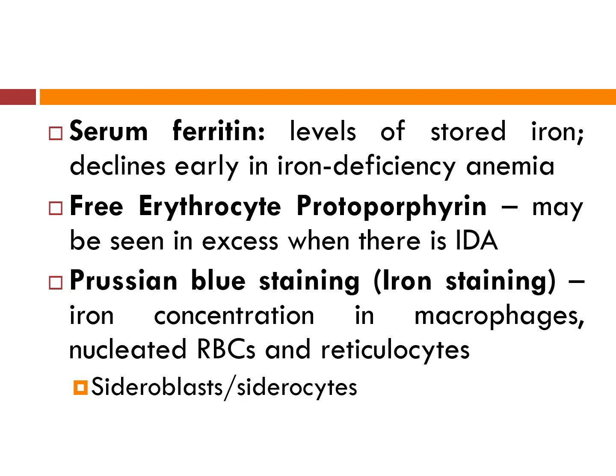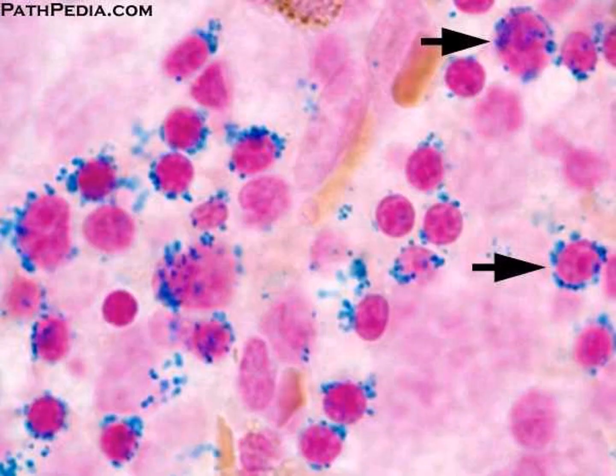But for the mature RBC that has iron content in it, you call that siderocytes. So again, sideroblasts are those erythroid cells with iron stores in them, and siderocytes are RBCs that have iron content in them.